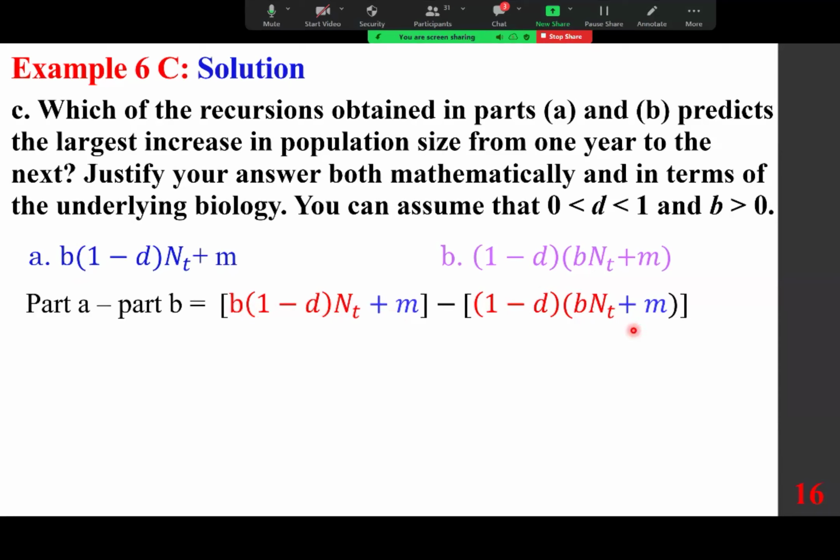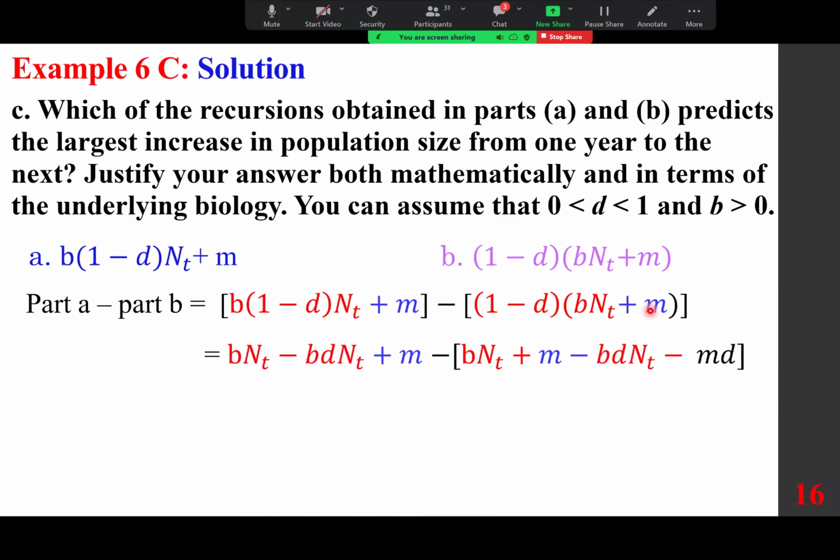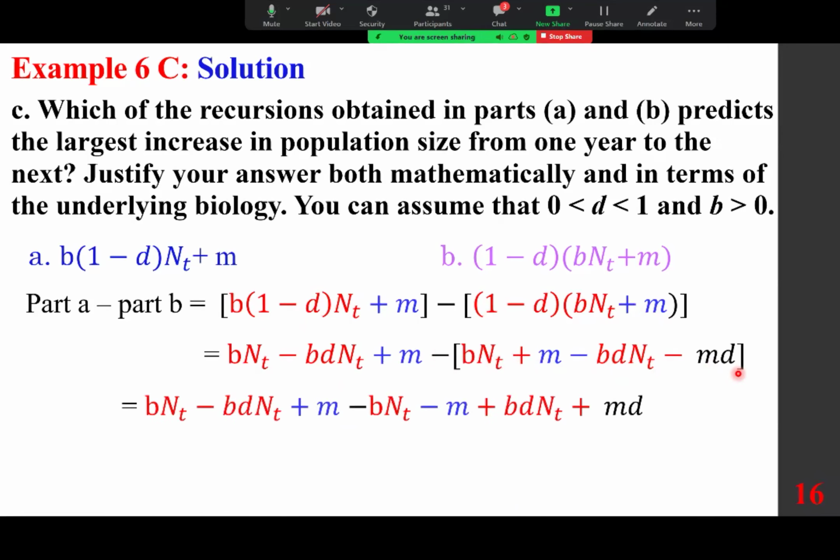We multiply this, 1 times B N sub T, so B N sub T plus M minus D B N sub T minus D M, or M D. So I'm just distributing, I'm doing elementary math. I'm distributing, and for this one I'm going to distribute the negative sign. Each one changes sign.